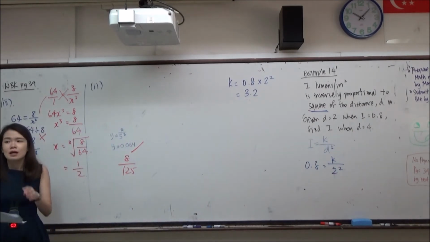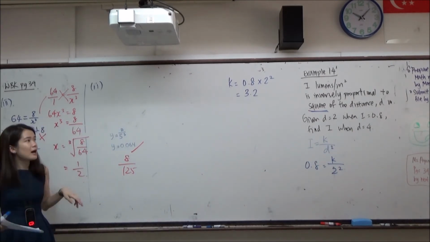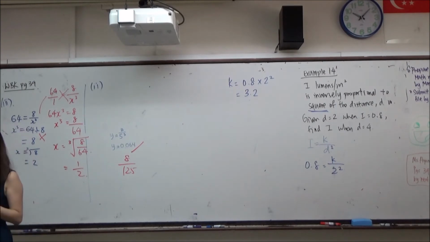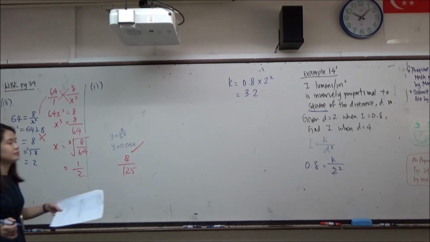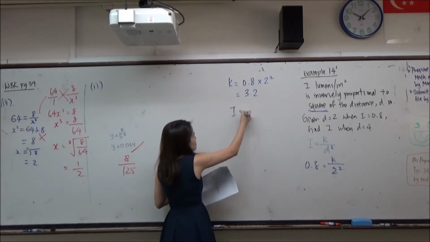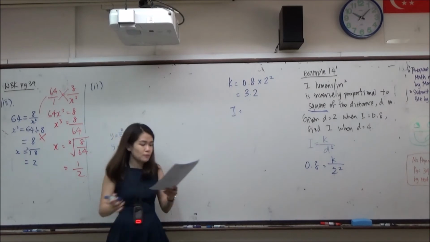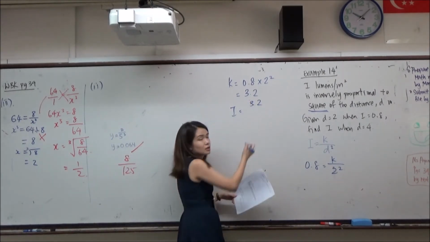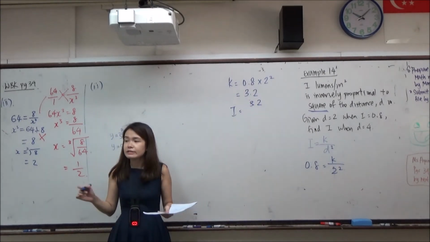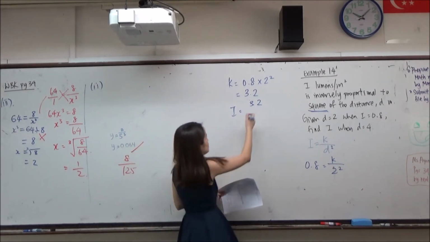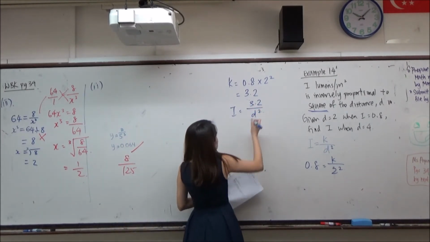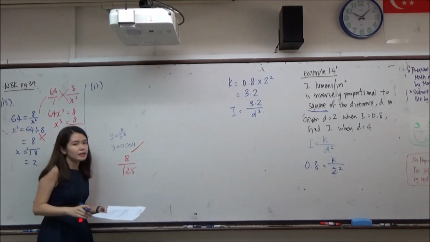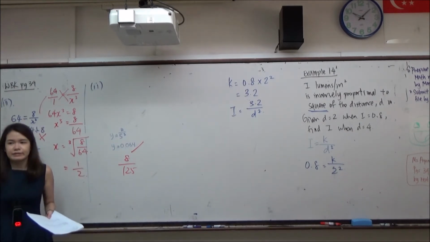Okay. Then next step, Howard, what will the next step be? I equals 3.2 over D square. Okay. So I equals to 3.2 over D square. But is that what the question wants? No, right?